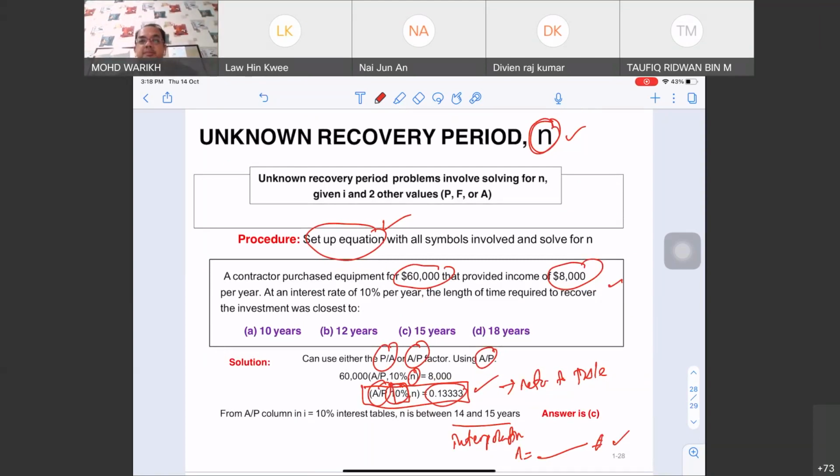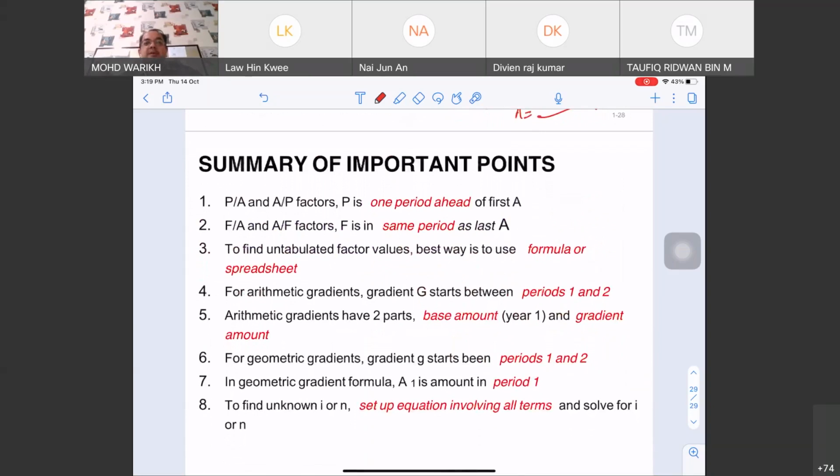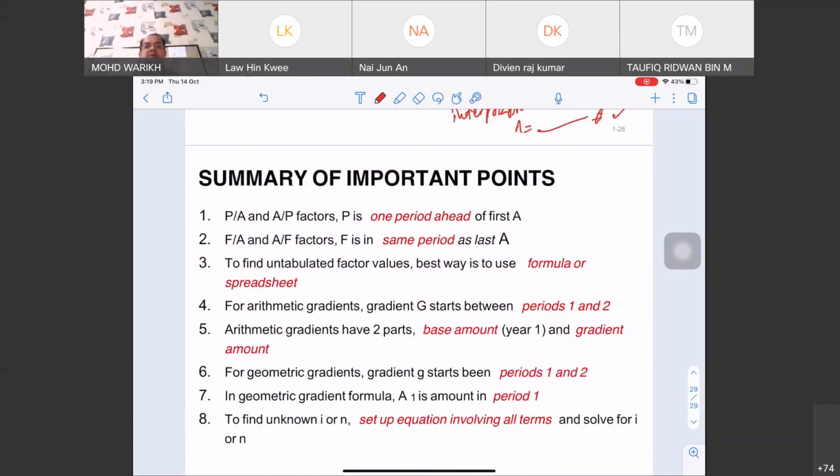Any question? It's a summary. So we finish our chapter today.